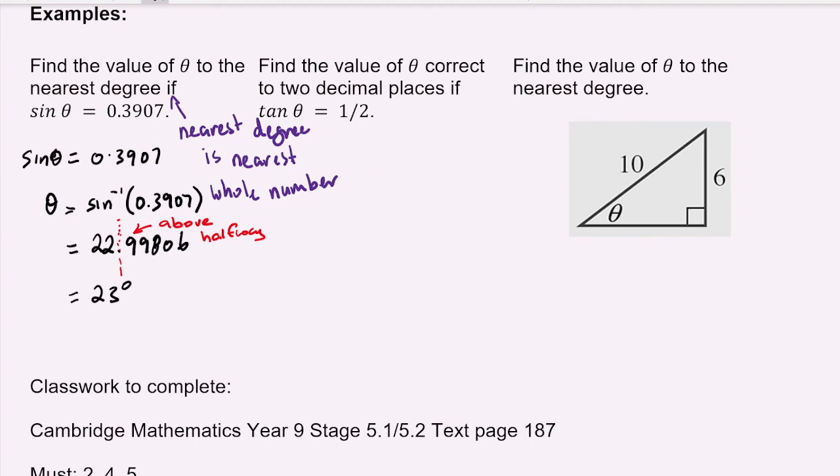Okay, our next one along. Alright, we want theta to 2 decimal places this time. If tan theta is 1 over 2. So let's write it in. Tan theta equals 1 over 2. I want theta on its own, so I go theta equals tan to the minus 1, indicating the inverse, 1 over 2.